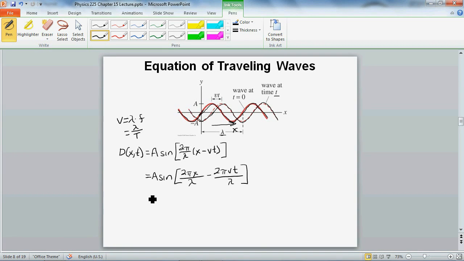So this last equation can then be changed to 2 pi x over lambda minus 2 pi t over the period.